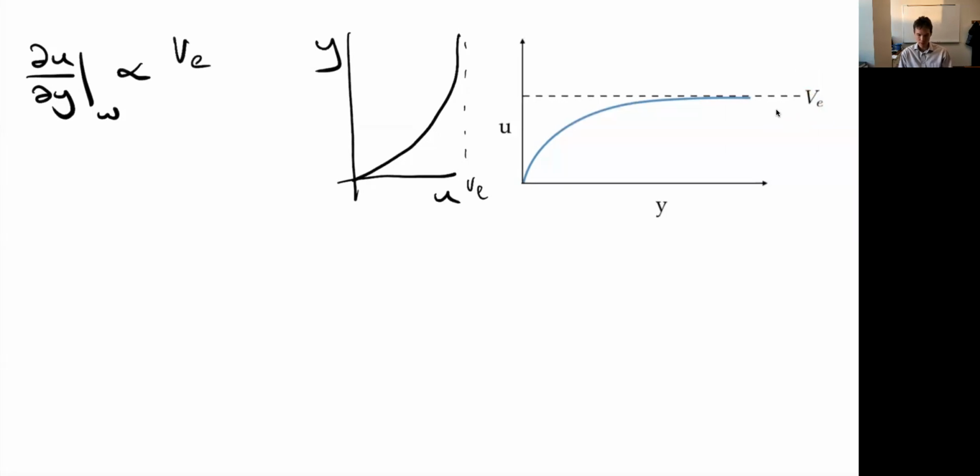And for our distance, we could use a few things. We could use displacement thickness. In this case, we'll use momentum thickness. These two should also be related, of course. All this is saying is that if I increase my edge velocity, for example, I take this dashed line and move it up, that's going to affect the slope. And of course, if I affect the height of this boundary layer, so as this has a more gradual slope or a steeper slope, that's also going to affect this initial slope.